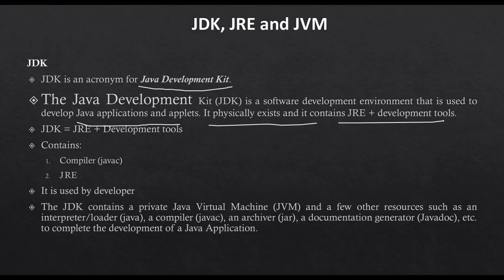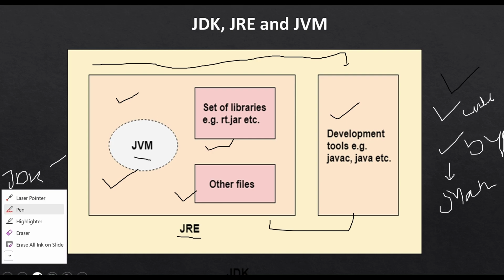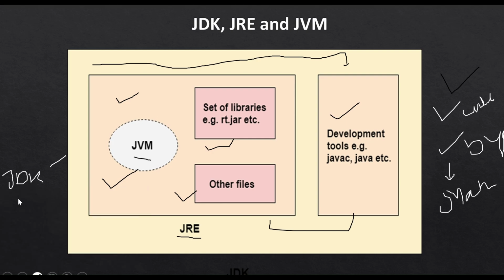Java application means whatever code you write or application you build. So JDK is software where Java applications are developed. JDK contains JRE and some development tools, as I have explained. Go to the picture. See, this entire structure is my JDK.